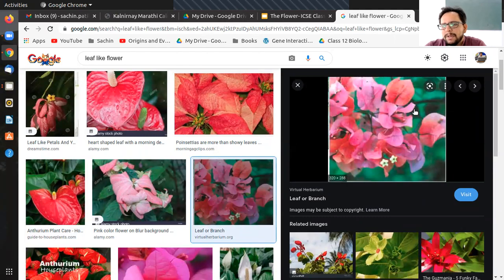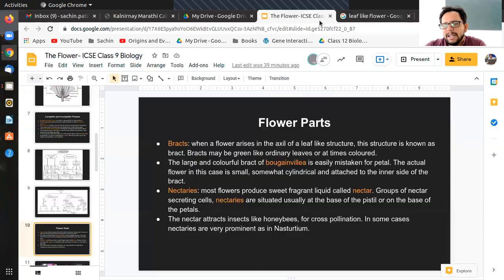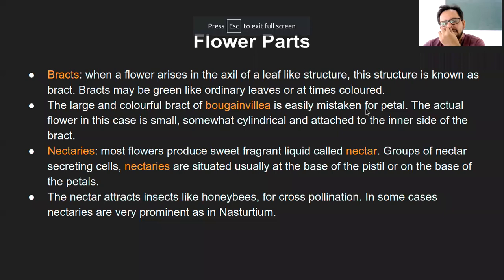Now, the most important thing about this bracteate flower is that it is not to be confused with the petal. The bracts are not the petals of that flower. In fact, the flower is located within the bract, and the bract is just the surrounding part of it.